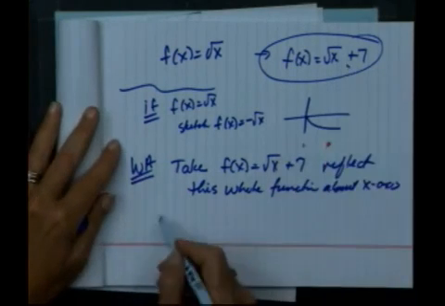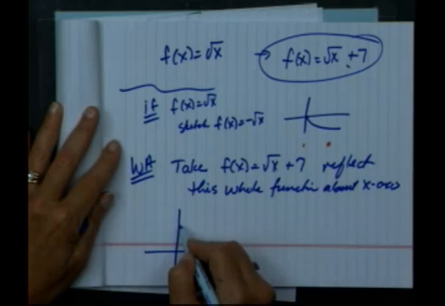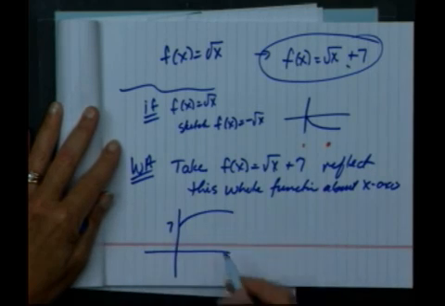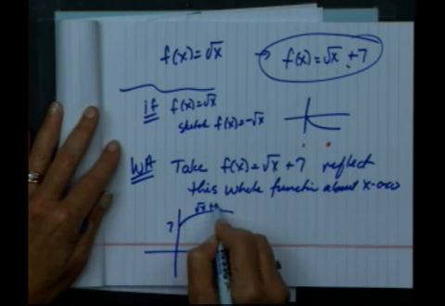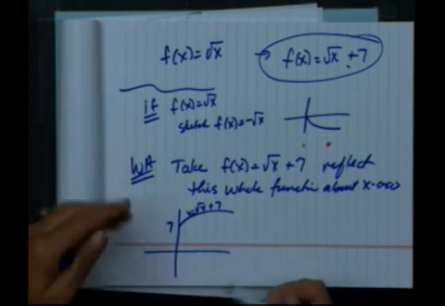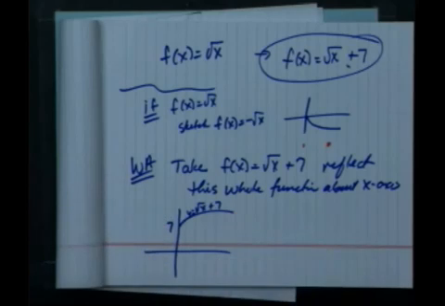So this function right here, as you know, looks something like this, where this is 7. Square root of x plus 7. It said now take this and reflect it all the way down here. So how are you going to write that function? Okay, the entire function.